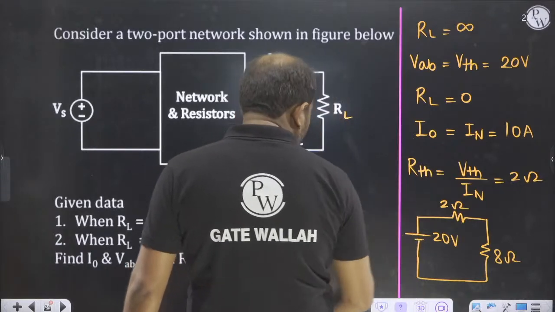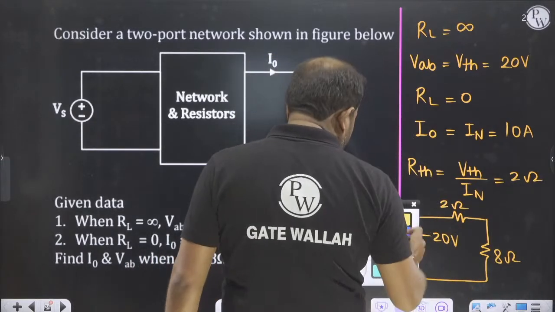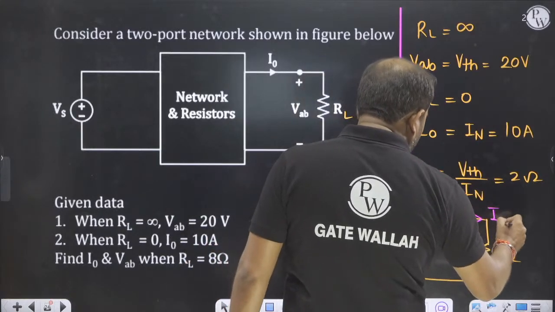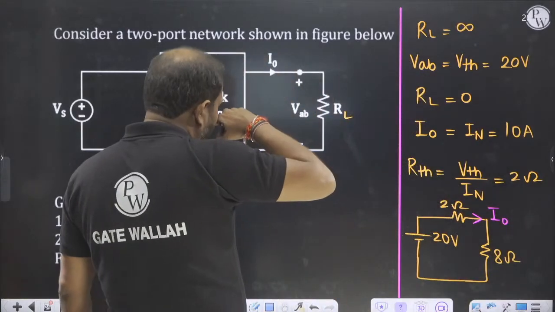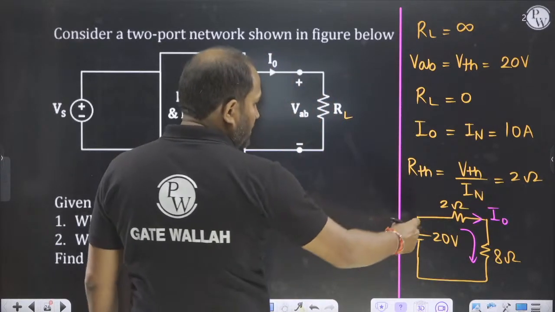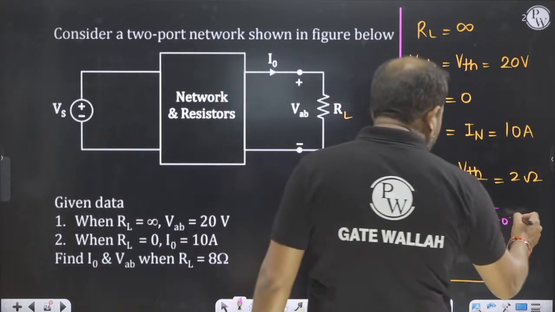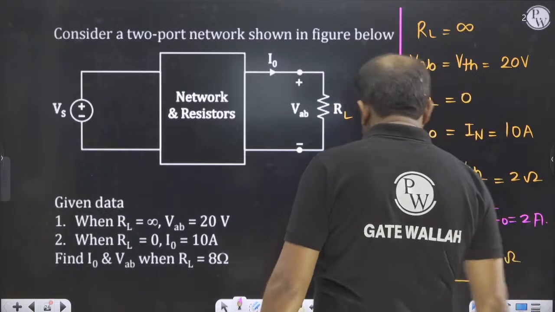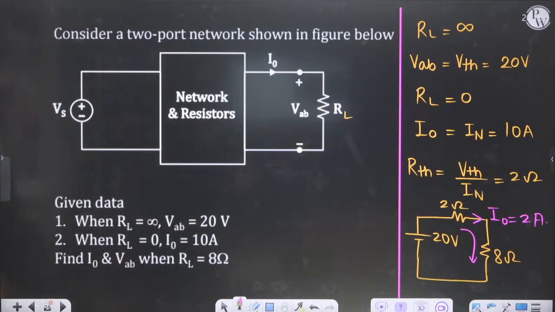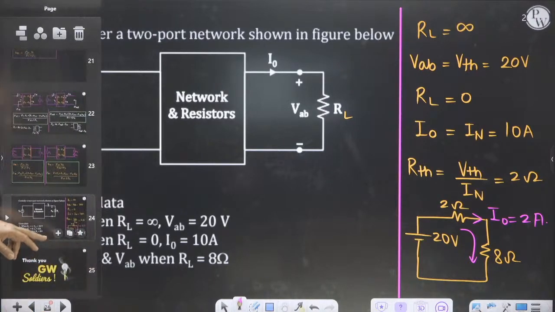I naught is nothing but, it is a simple question. By KVL, 20 by 10, I naught will be equal to 2 ampere. Simple question. We have found it.